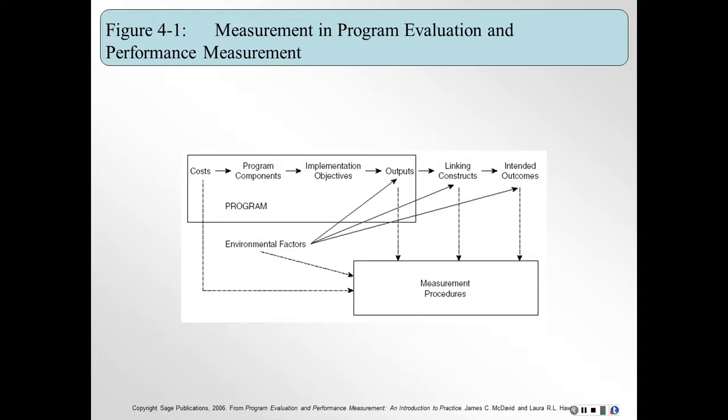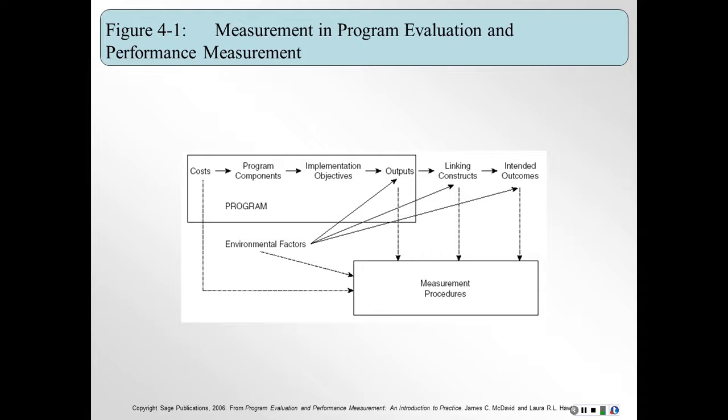The reading defines measurement as the process of translating constructs into observables via procedures. These procedures are sometimes referred to as operationalization. We define a set of operations, literally a set of step-by-step procedures, to measure a particular construct.